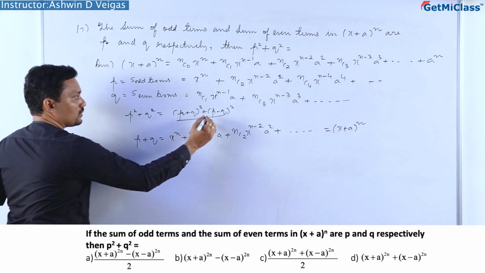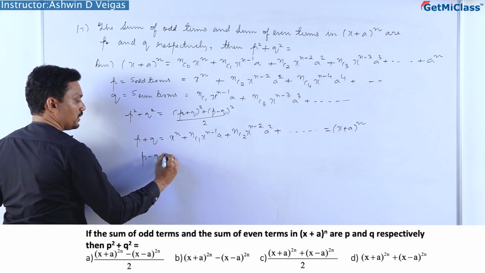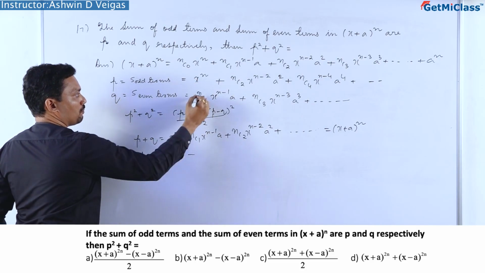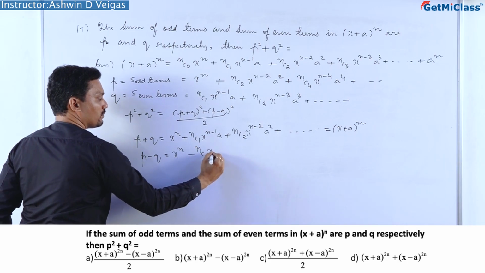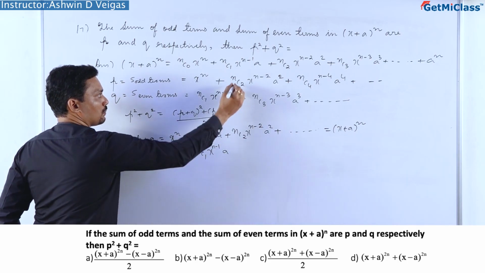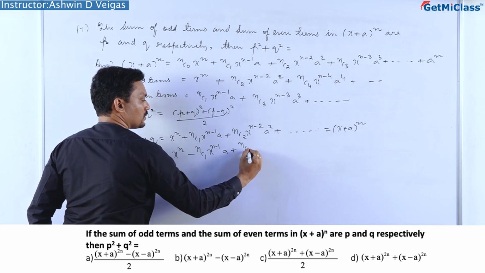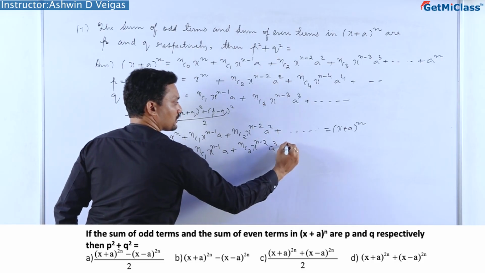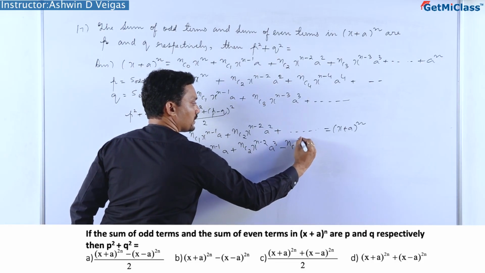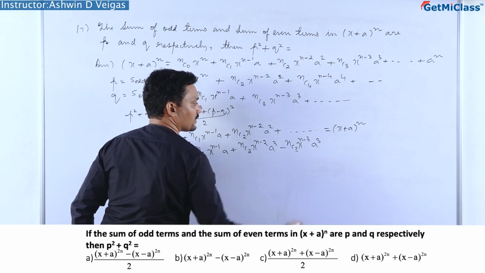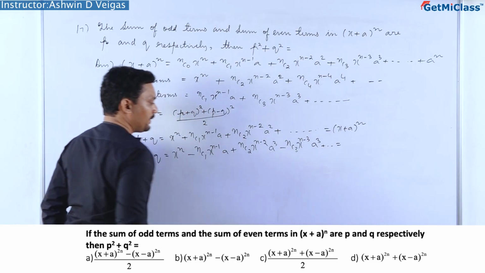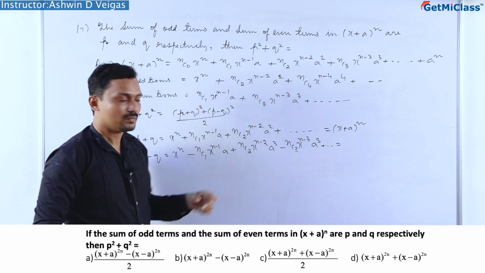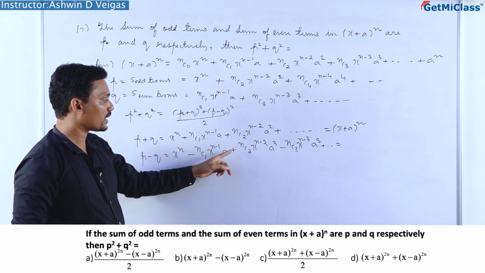Now, if you try to do p − q, if you do this minus this, you will get x^n − nC1 x^(n−1) a + nC2 x^(n−2) a² − nC3 x^(n−3) a³, etc. And if you look at this expression, it is exactly like that expression, but it is alternating positive and negative.